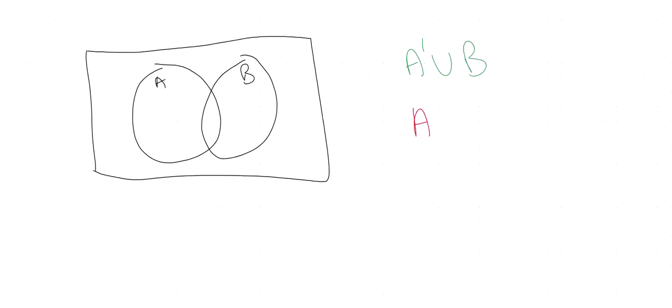When you do not A, you don't include the intersection, because that's part of A. So don't include the intersection. Okay, can you please do both of these for me? I want one in green and one in red. Please draw me both of these.